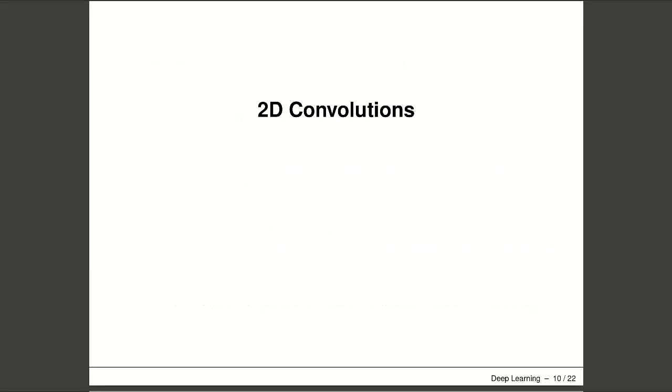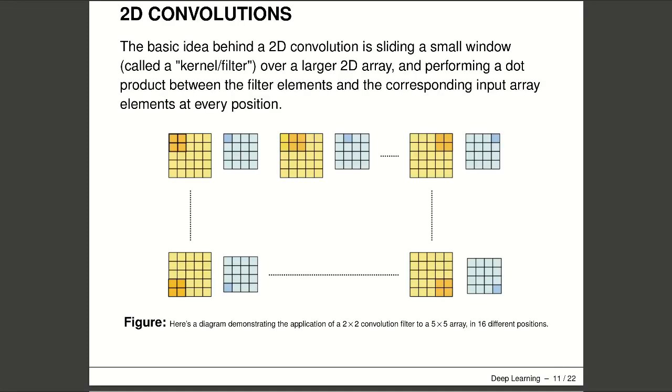2D CNNs are the most popular type of convolution, used widely in computer vision and image processing. The 2D convolution is a simple operation where we start with a small kernel or filter, which is simply a small matrix of weights.